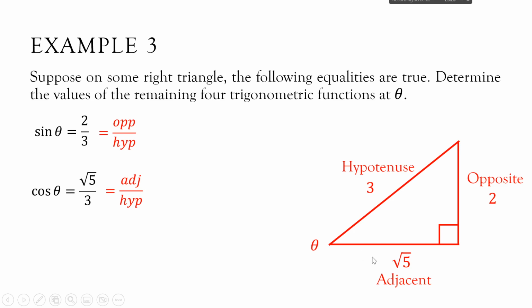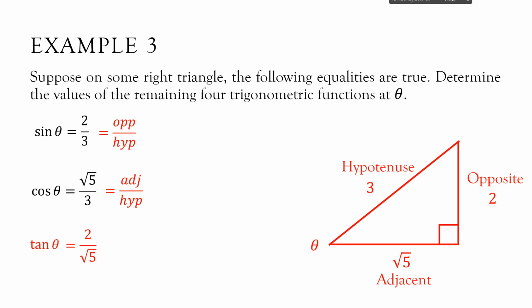Now that I have all 3 sides of my triangle, I can get the remaining 4 trig functions. Let's start with tangent. Tangent, we know, is opposite over adjacent. The opposite is 2. The adjacent is the square root of 5. But I've got a problem here. Do I want a square root on the bottom? Definitely not. We don't like square roots on the bottom.